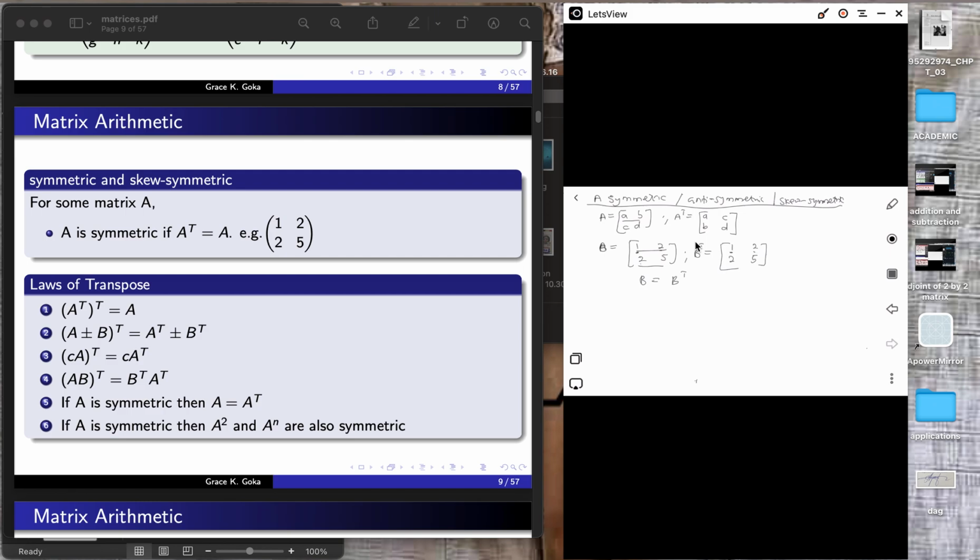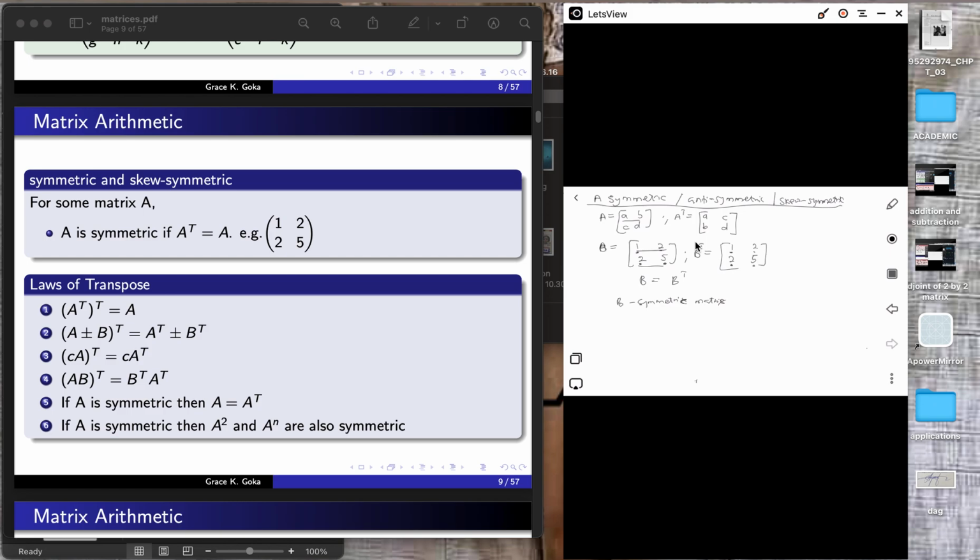Moving on to the second row, the first entry is 2, and in B transpose it is also 2, and the second entry is 5, and in B transpose it is 5. So B is the same as B transpose. If a matrix and its transpose are the same, then such a matrix is said to be a symmetric matrix.